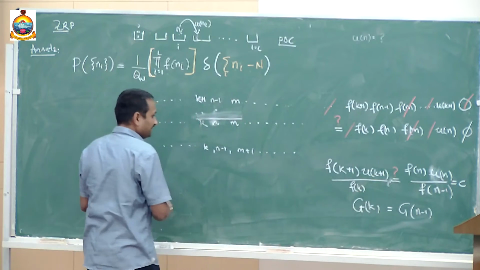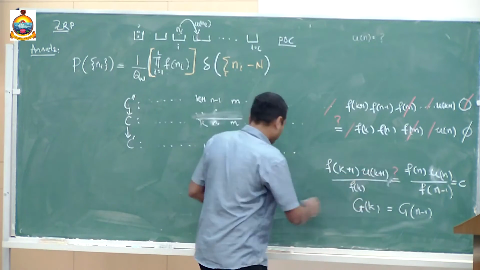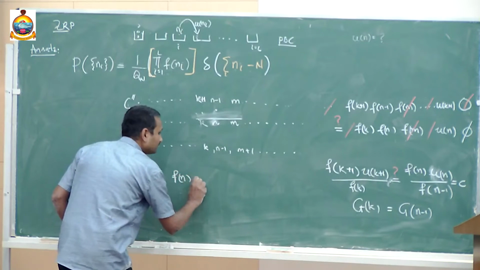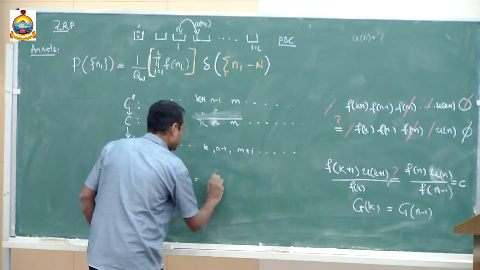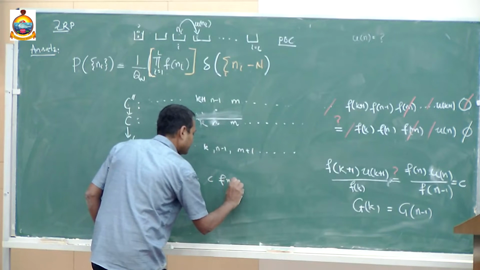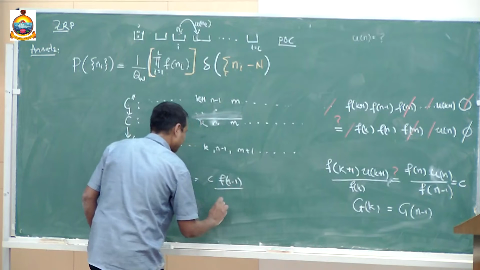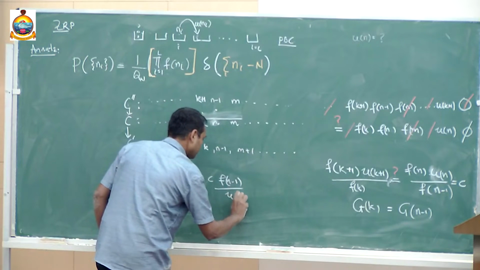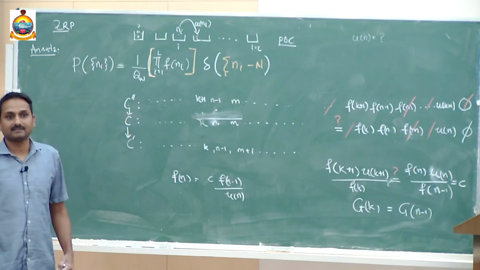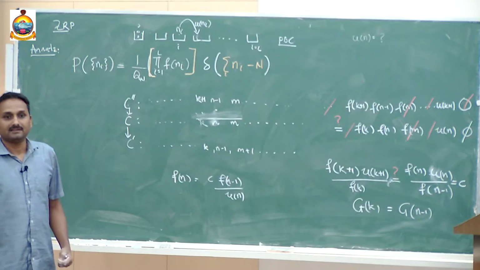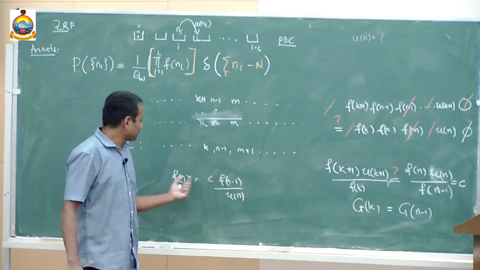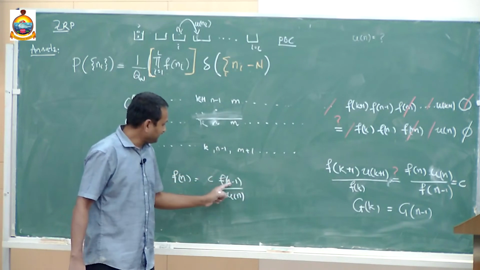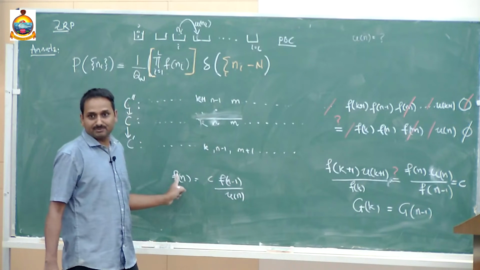So now you can probably find this solution. f n equals c times f n minus 1 divided by u n. Okay. Now you can iterate this function many times, because for f n minus 1 you can use this same function.